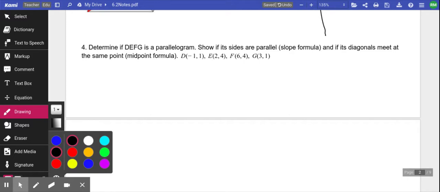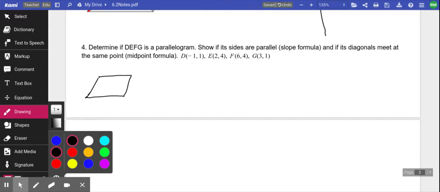Okay, last but not least, it says determine if DEFG is a parallelogram. Show if the sides are parallel using the slope formula, and if the diagonals meet at the same point. That's using the midpoint formula. So, again, we don't have a diagram. Let's draw a diagram. And this time I'm actually going to label it.